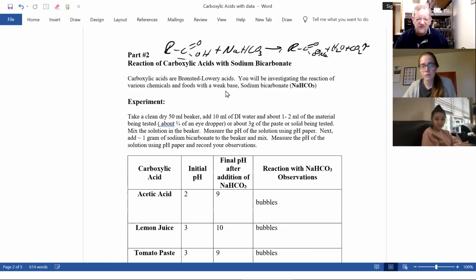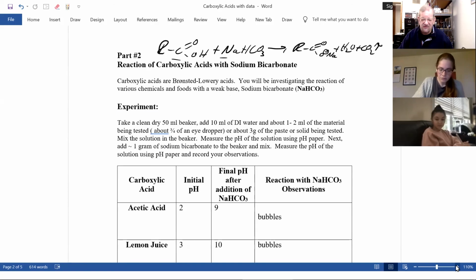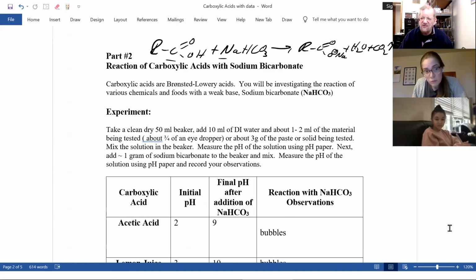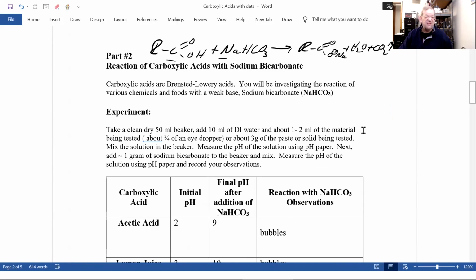Now, this is an acid-base reaction. And just to remind you, you can measure the acidity of something, how acidic it is or how basic it is, by using litmus paper, the pH scale.